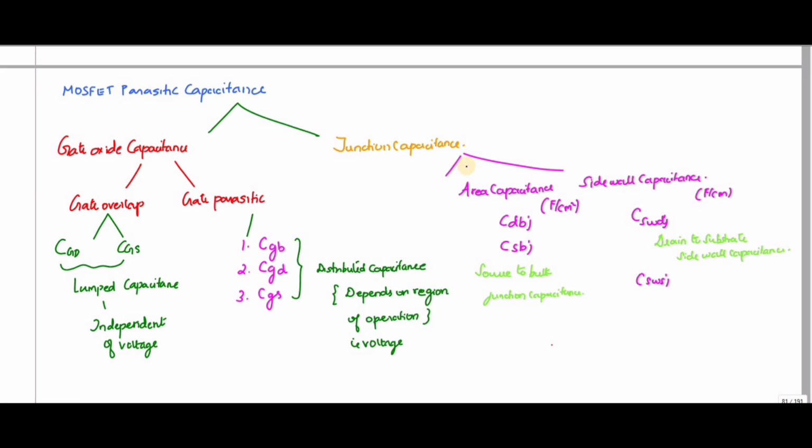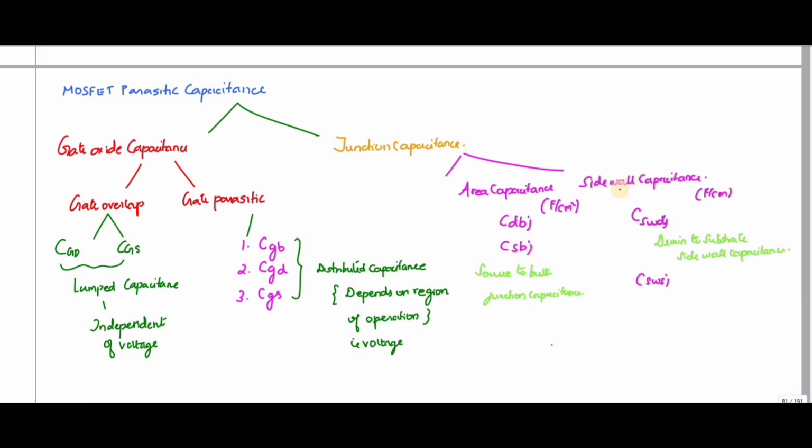And next one is junction capacitance, that is categorized into two. One is area capacitance and another one is sidewall capacitance. The area capacitance unit is farad per centimeter square, and it is classified into two types. One is CJ, CDB, where J represents junction, D represents drain to bulk, and CSB represents source to bulk.